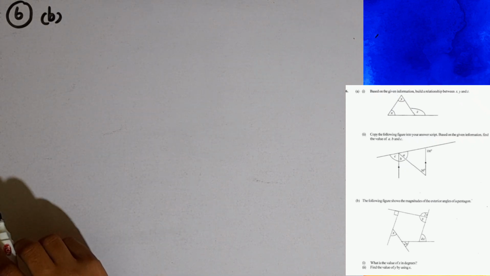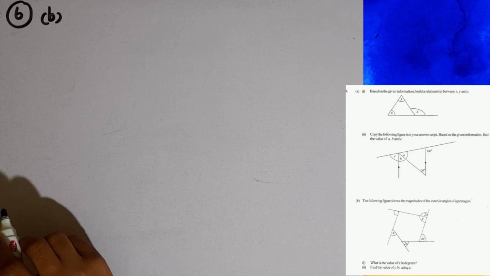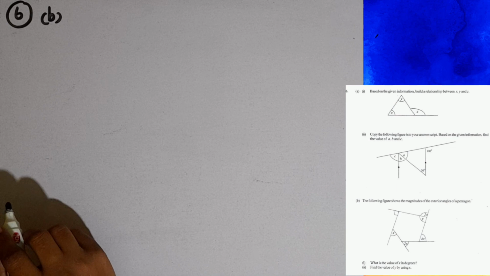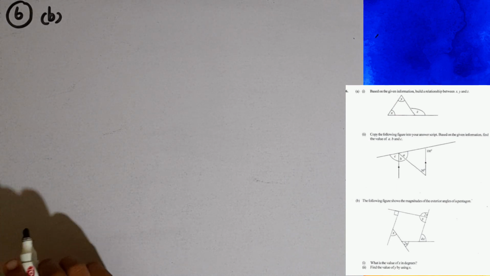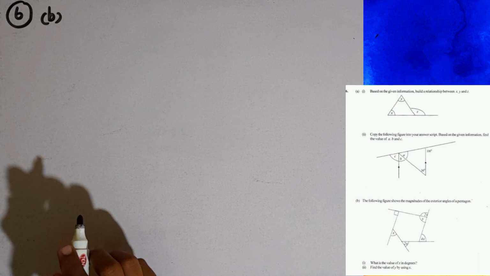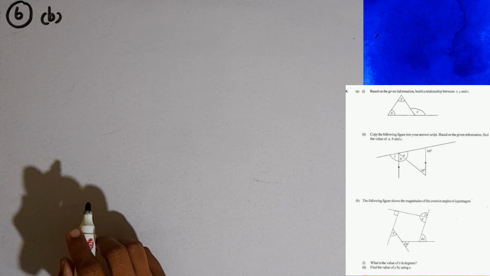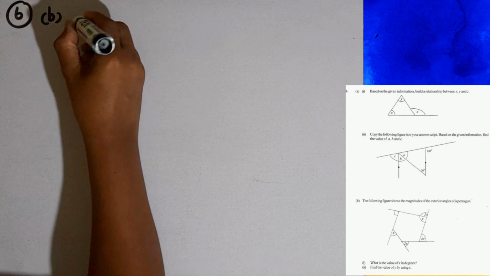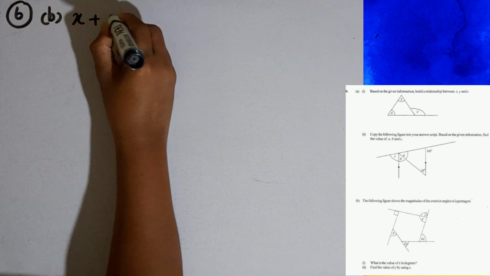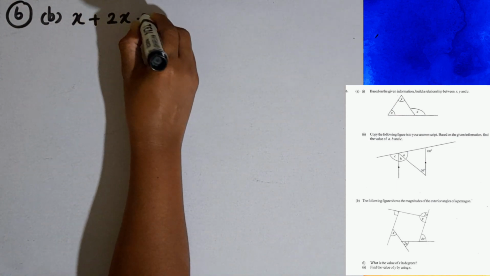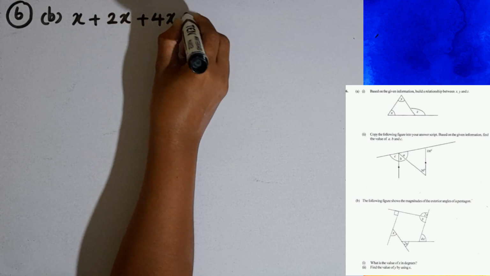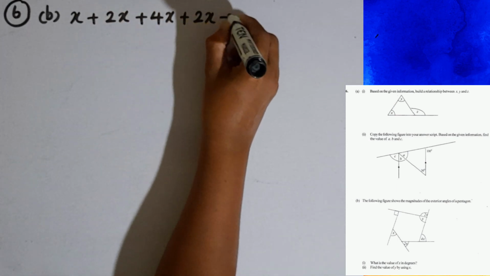The following figure shows the magnitudes of the exterior angles of a pentagon. First question: what is the value of x in degrees? We know that in any polygon, the exterior angle sum is equal to 360 degrees. So I can write the equation x plus 2x plus 4x plus 2x plus 90.